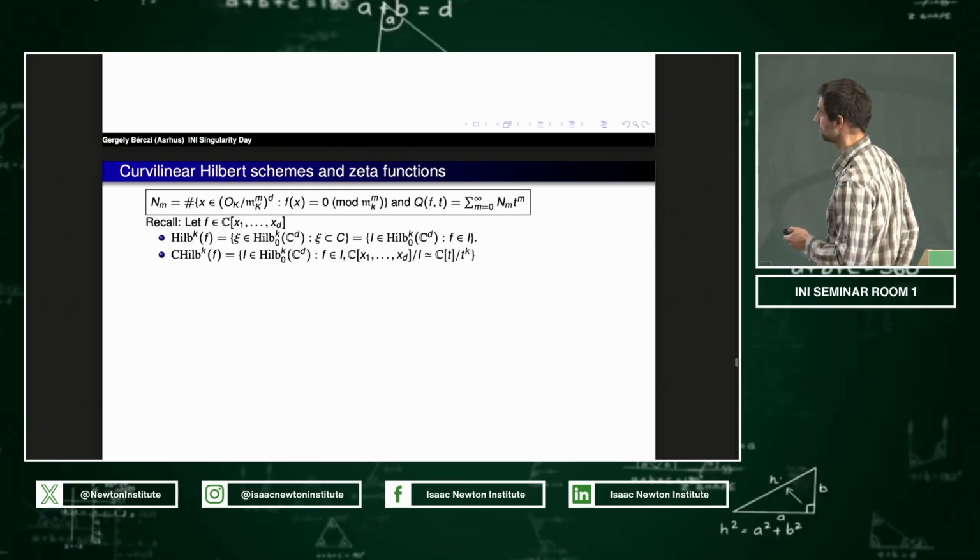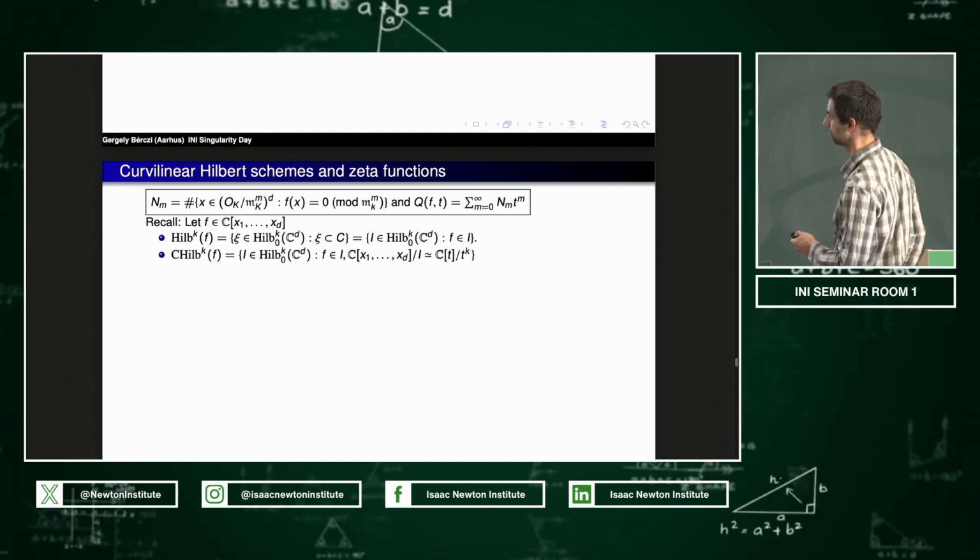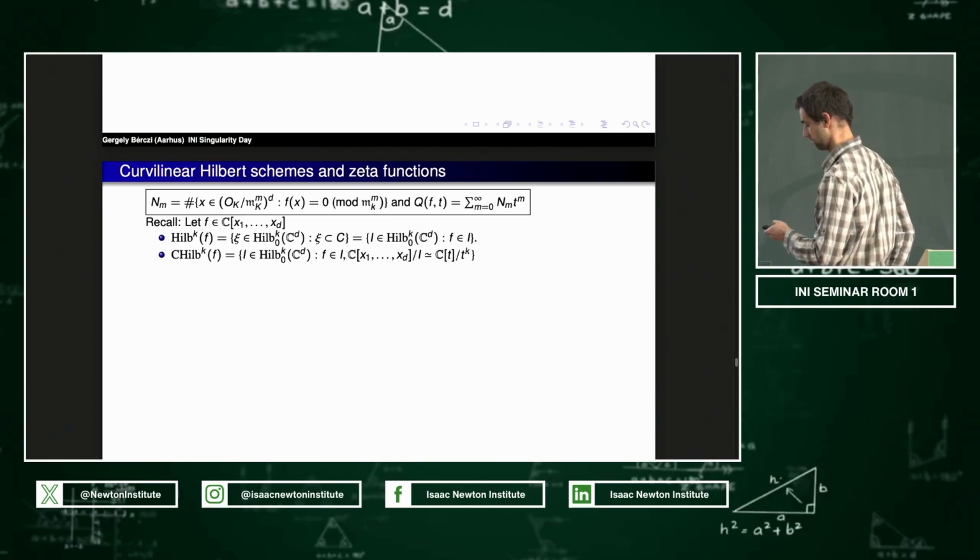And this curvilinear Hilbert scheme CHilb^k(f) is the set of those points of the Hilbert scheme on C^d, the ambient space, such that first of all f sits in the ideal, and the algebra has this fixed type, which is a Morin type, C[t]/t^k. In other words, this is the intersection of the curvilinear Hilbert scheme on C^d and the Hilbert scheme of points on f.